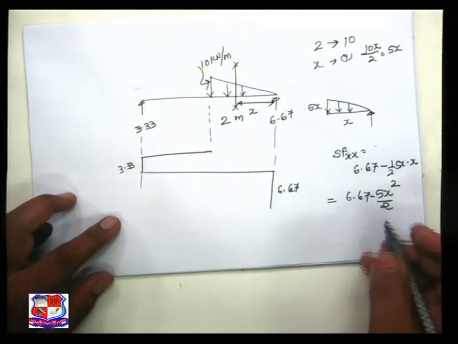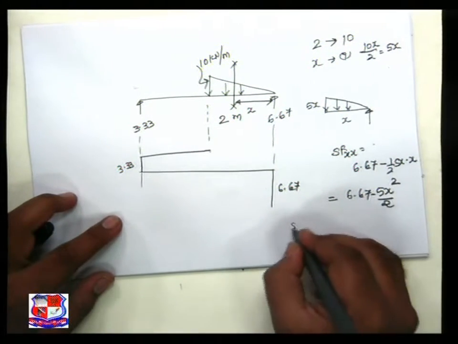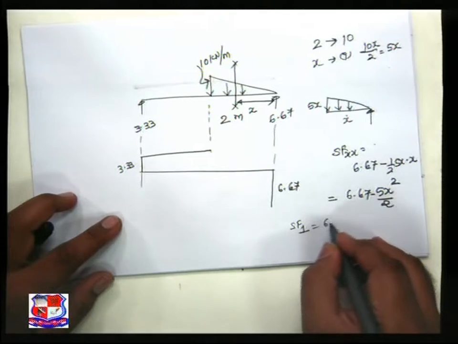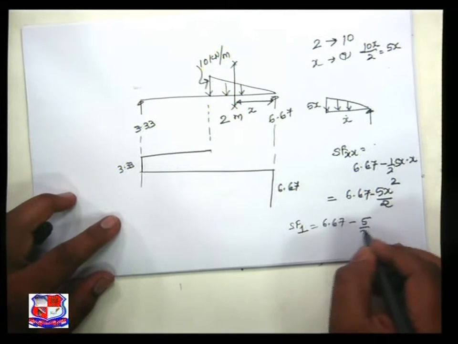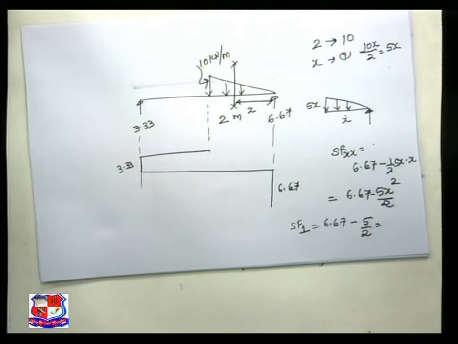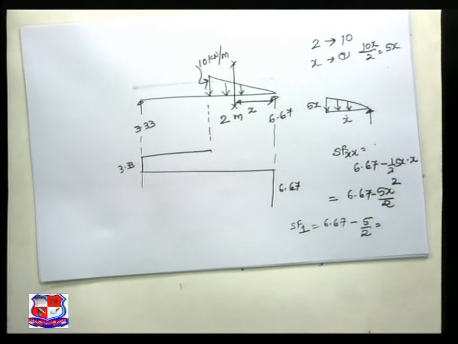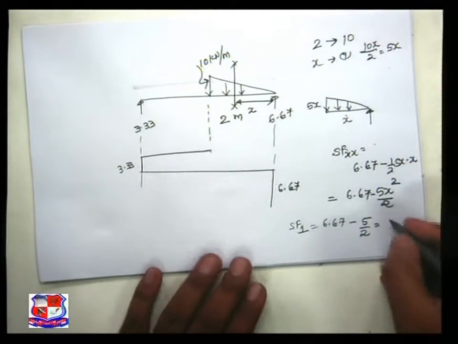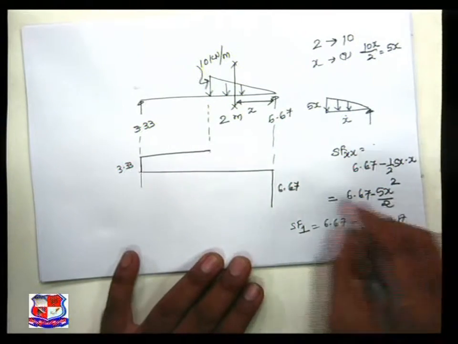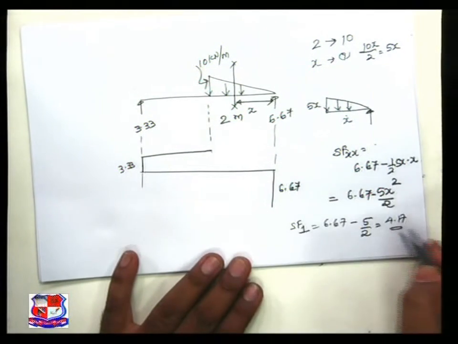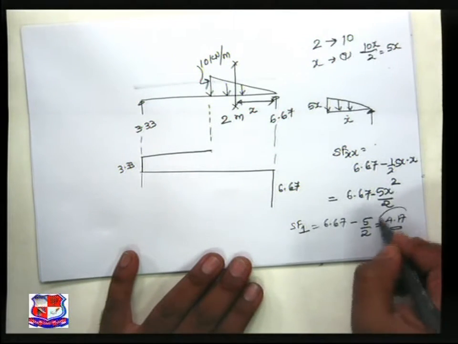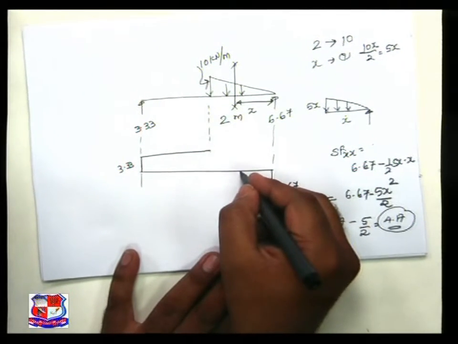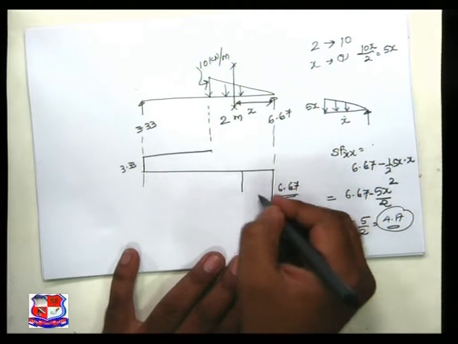Now let us put x equal to 1, then shear force at 1 from this right side is equal to 6.67 minus 5 by 2, which is 6.67 minus 2.5, that is 4.17, and this is downside. Don't look at the positive or negative nature right now, because this is downside. So at 1 meter we achieve 4.17.